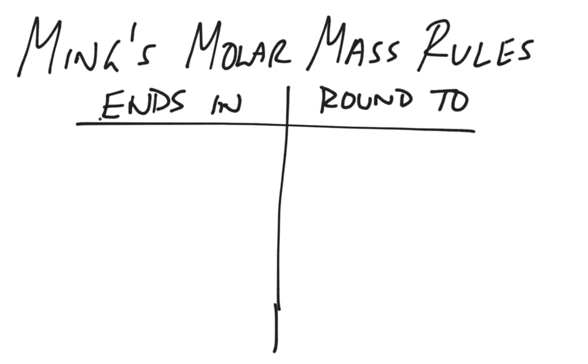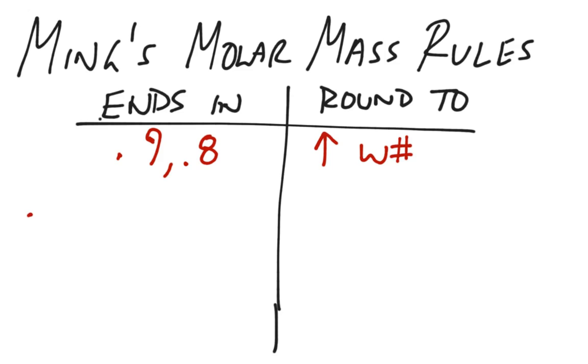I have some rules to help us with molar masses. If on the periodic table the element ends with an atomic mass of 0.9 or 0.8, we're going to round it up to the whole number.